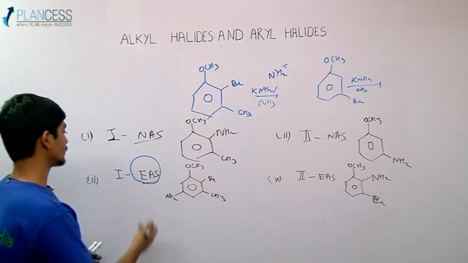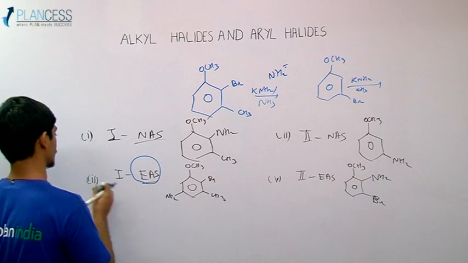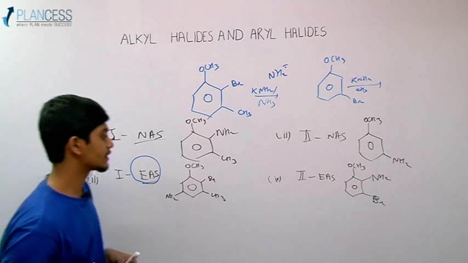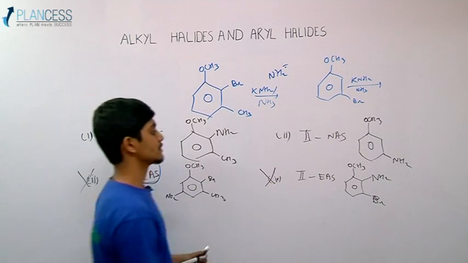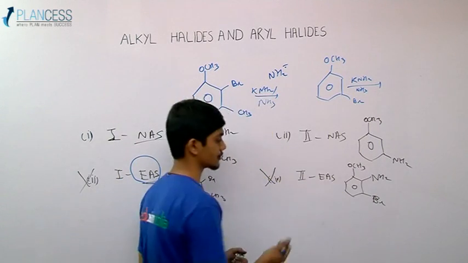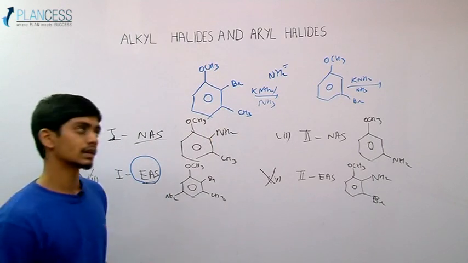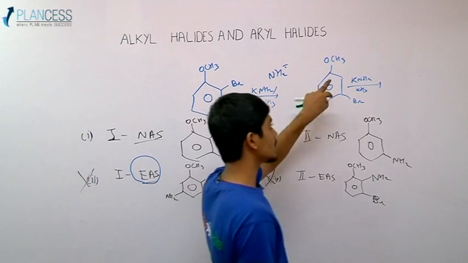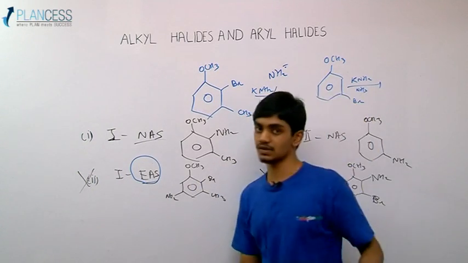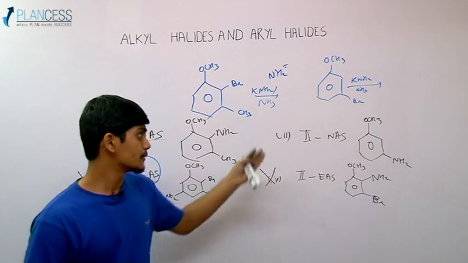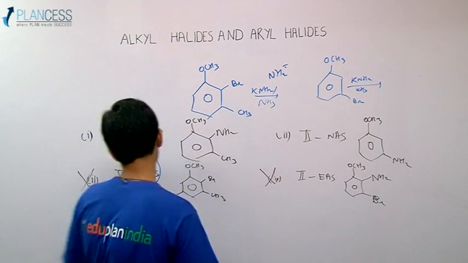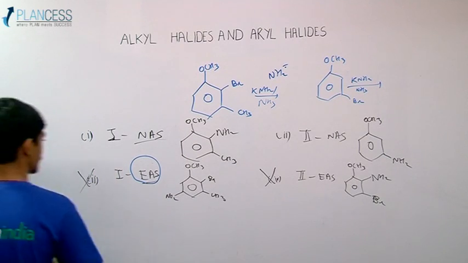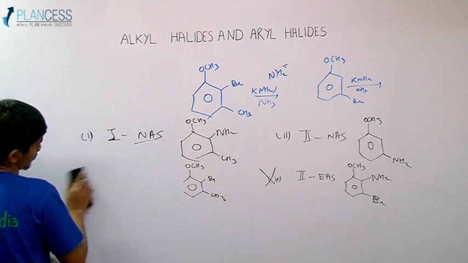So the third is definitely a wrong option, and similarly the fourth is also wrong. Electrophilic aromatic substitution is not possible at all in this case, because both are nucleophiles and you don't have any electrophile. So we can just remove these two from our list.